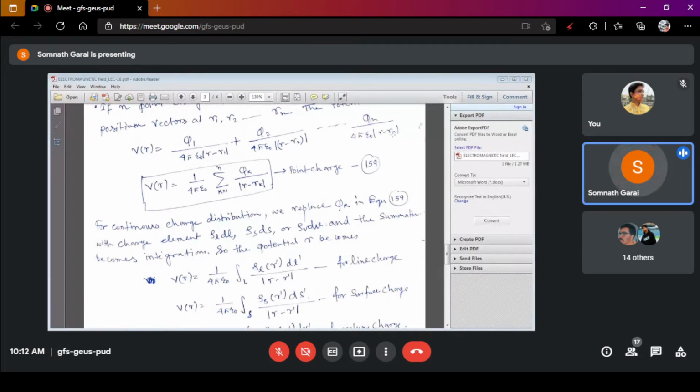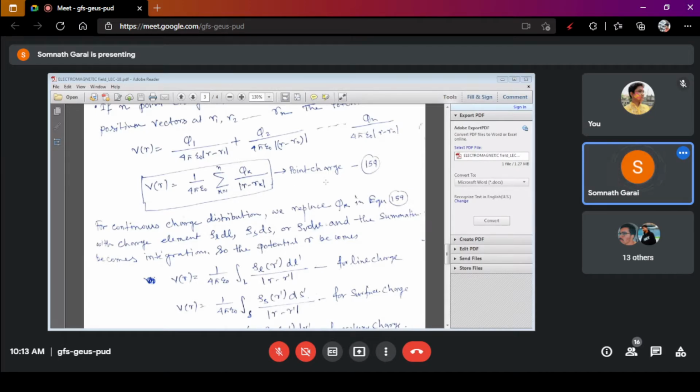These point charges are situated haphazardly in the electric field. Then the point charge equation will be V of r equal to 1 over 4 pi epsilon naught, summation of k equals 1 to n, qk over mod of r minus rk. This is for the point charge.